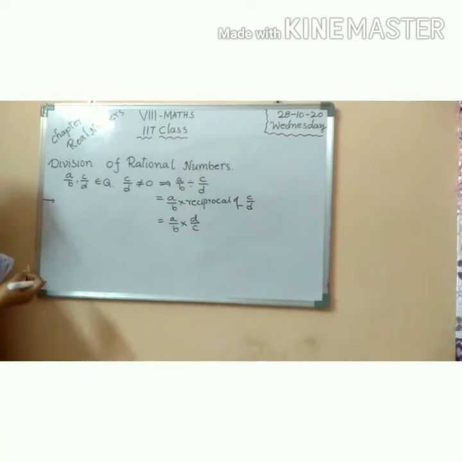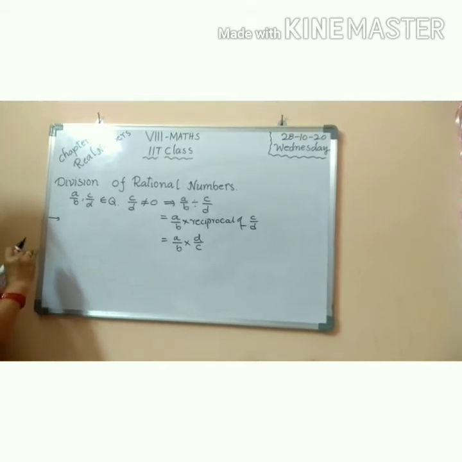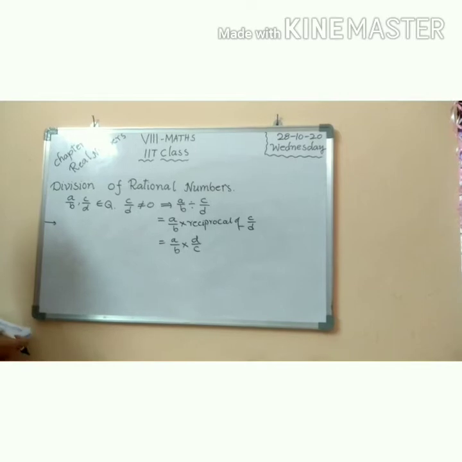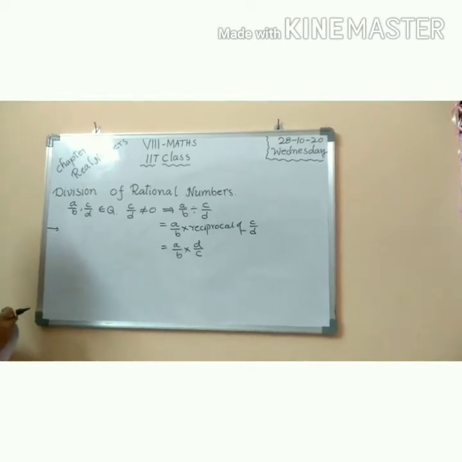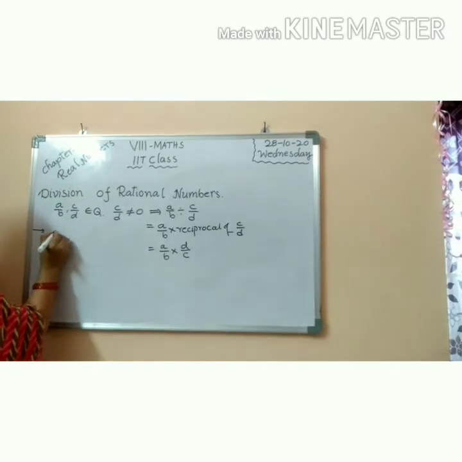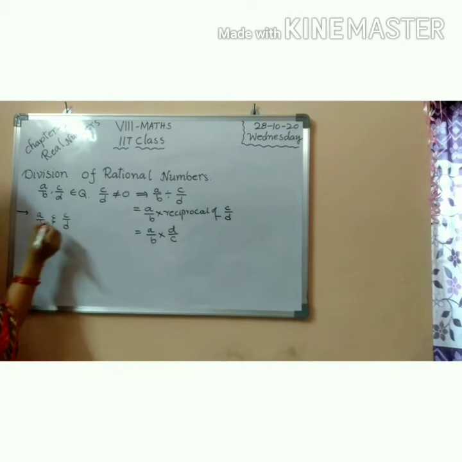Associative, commutative and distributive laws do not exist for the division method. Okay, so here the first property under the division method: a/b and c/d are two rational numbers.